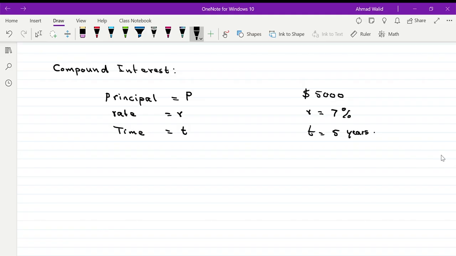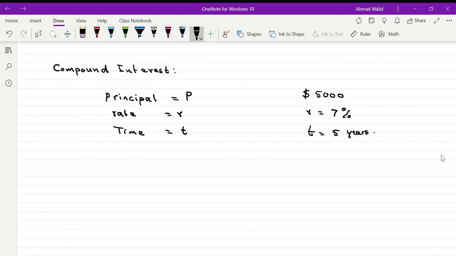And the bank will say to you that they will compound your money, and they give you different options: every month, quarterly, semi-annually, yearly, correct? Or maybe even daily, correct?